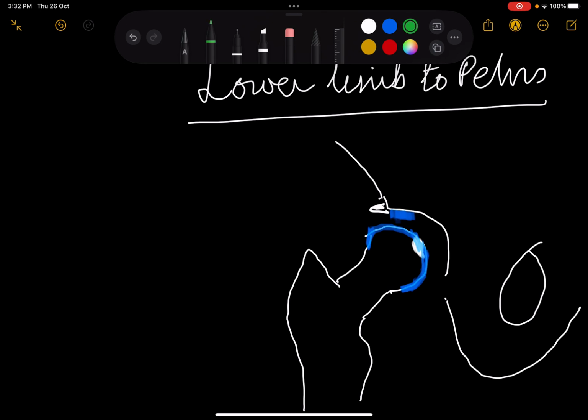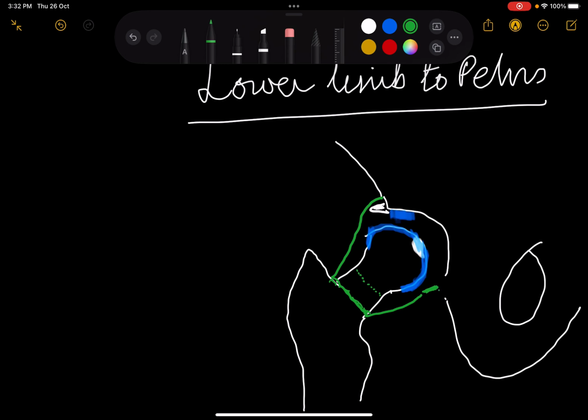Outside this, you have the capsule which attaches to the intertrochanteric line in front, but leaves the lateral 1/3 of the neck outside posteriorly. This is the part of the capsule here, and this is attached to a ligament which is called as the transverse acetabular ligament.